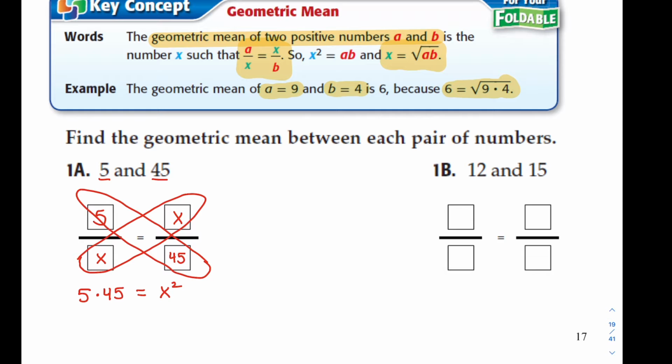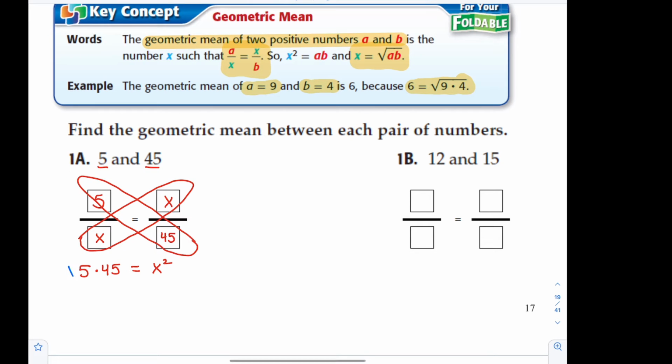To solve something with an x squared in it, you often have to take the square root. So we take the square root of both sides. The square root will cancel the square and just give us x on the right-hand side. And in order to evaluate the square root on the left, I have to look for perfect squares inside the radical.